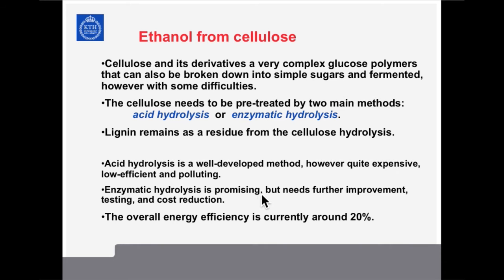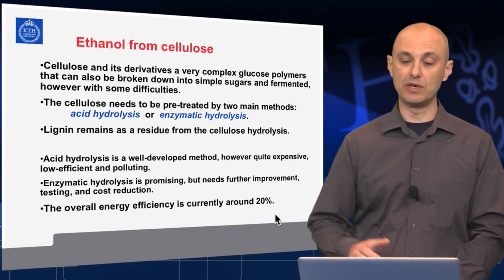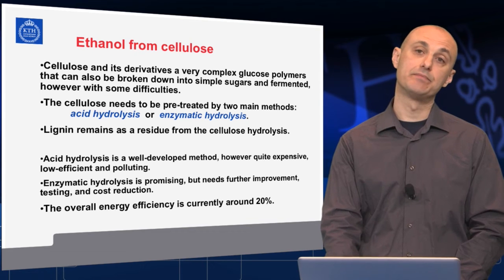Enzymatic hydrolysis is promising, but it's not cheap either and needs further verification, definitely, and testing to be introduced in large scale. The production, the growing of the enzyme itself is a difficult process. Overall energy efficiency, going the cellulose route, approximately 20%.